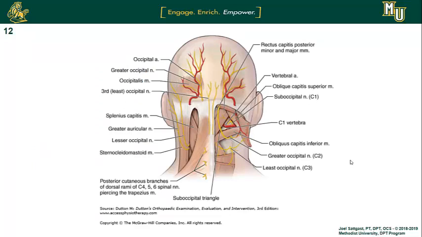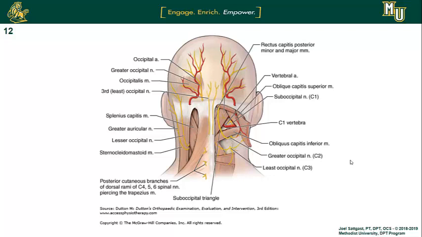On the right-hand side of your screen, all the way at the top, we see rectus capitis posterior minor and major. We can also, as we come down, see the obliquus capitis superior as well as inferior, helping to pass essentially from the medial portion to more lateral portion, helping with rotation. Additionally, we can see the occipitalis muscles.